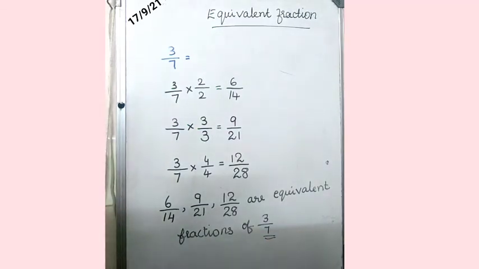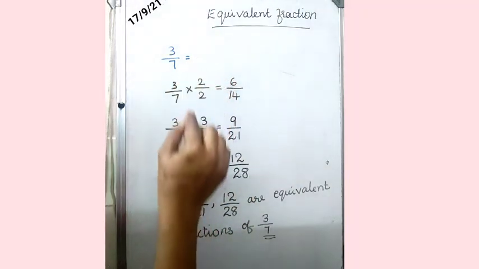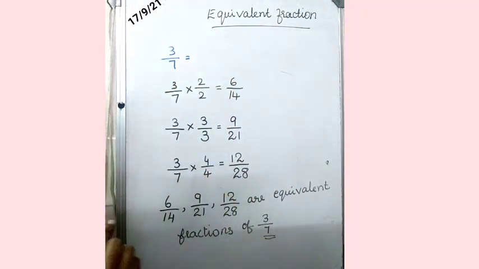Thus we got the equivalent fractions by multiplying the numerator and denominator with the same number.